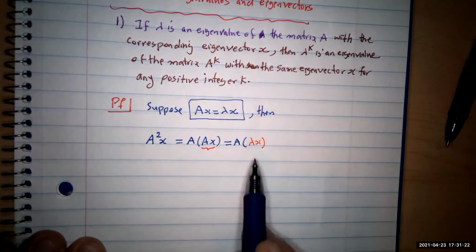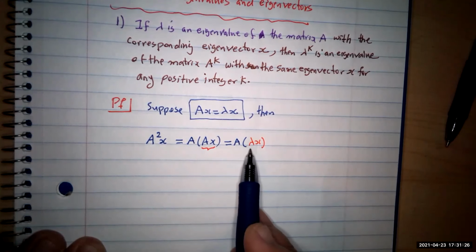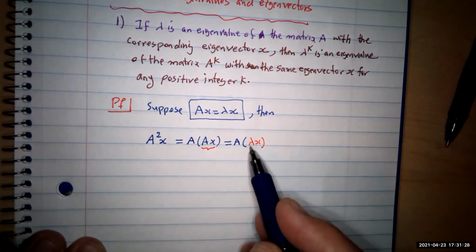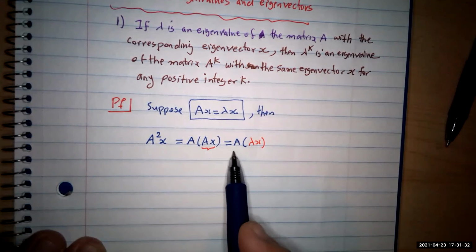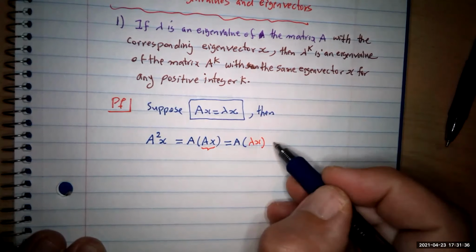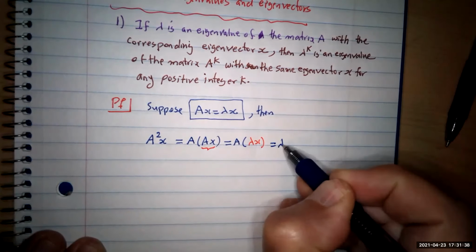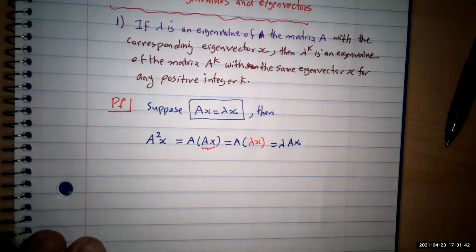Remember, lambda is a scalar and A is like a transformation, so we can pull out the lambda. So it's going to be A times lambda x, and we bring the lambda out. That gives lambda Ax. But what is Ax?